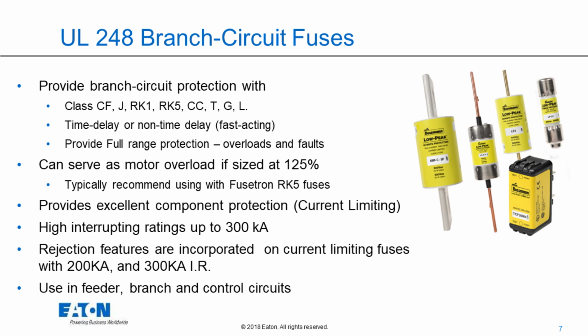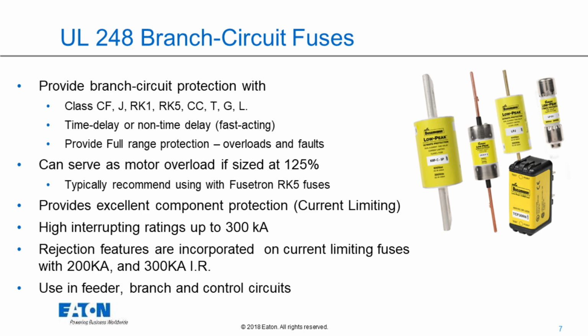Now the Class J, Class L, and Q fuses are inherently rejection fuses in that their physical dimensions are unique. You can't put any other fuse in a Class L fuse holder.